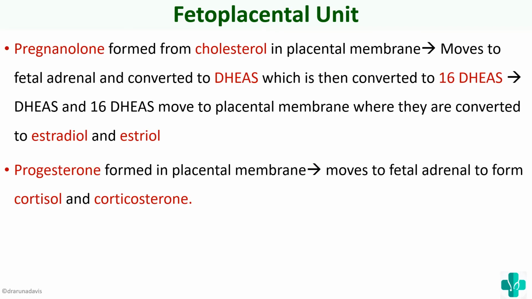So pregnenolone, which is formed from cholesterol in the placental membrane, moves to the fetal adrenal and is converted to DHEAS, which is then converted to 16-DHEA. DHEA and 16-DHEA move to the placental membrane, where they are converted to estradiol and estriol. Progesterone formed in the placental membrane moves to the fetal adrenal to form cortisol and corticosterone. So this is called the feto-placental unit.